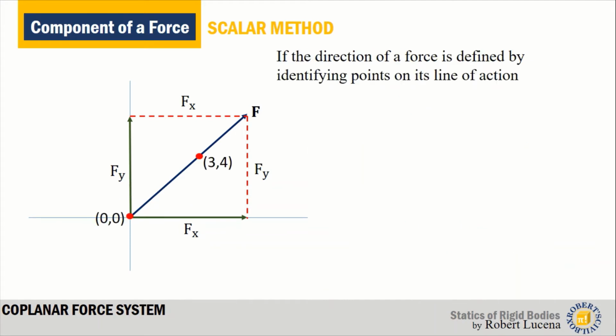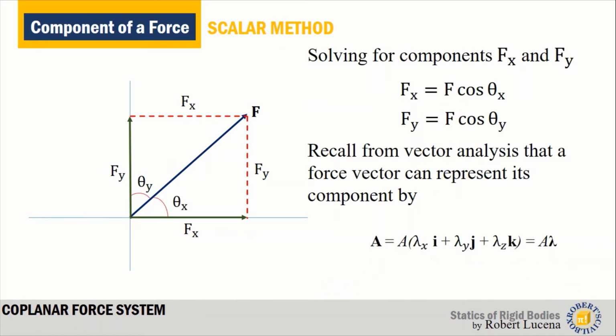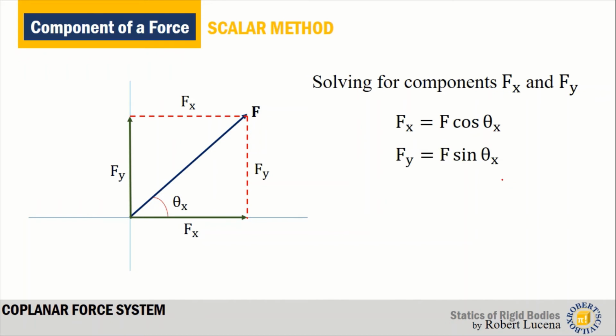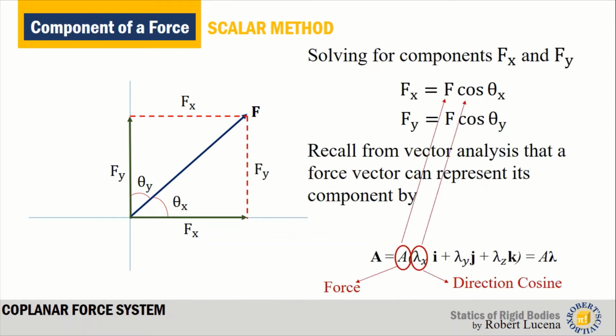The same goes for the z-axis. So to get the components of a force given an angle, we can simply use F cosine theta x and F cosine theta y, or if only theta x is given, we can still solve for Fy as F sine theta x. Whichever method you want, as long as you get the value of the component, it's okay.